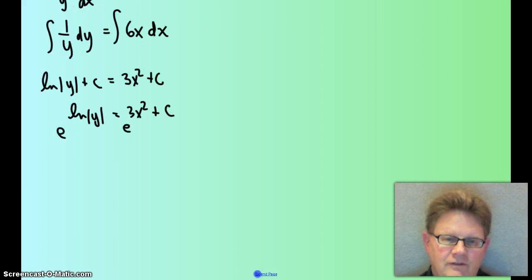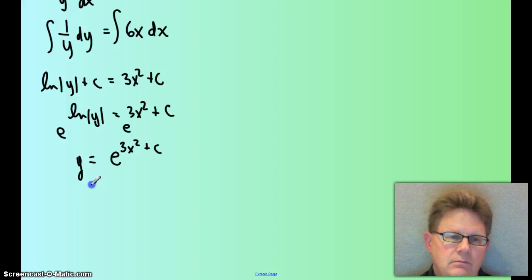Okay, this is where it gets a little tricky. Y equals e to the 3x squared plus c. So y equals e to the 3x squared times e to the c.